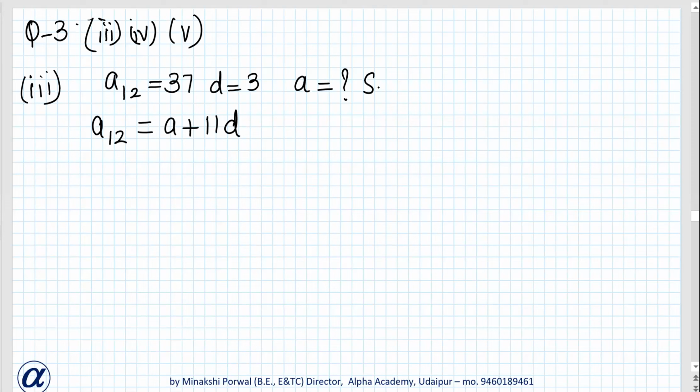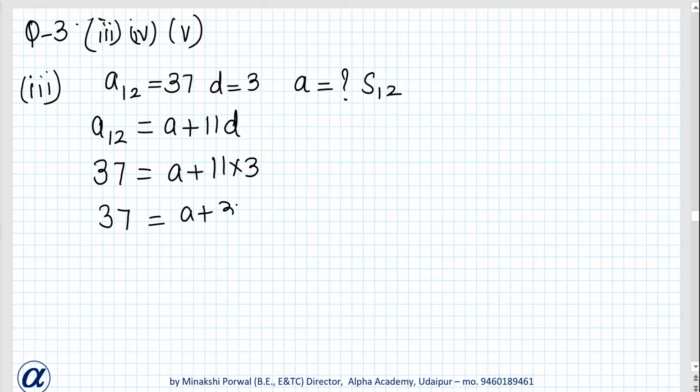We have to find A and S12. So we'll be using this formula. 37 equals A plus 11 into 3. That is 37 equals A plus 33. A equals 37 minus 33, that is equal to 4.